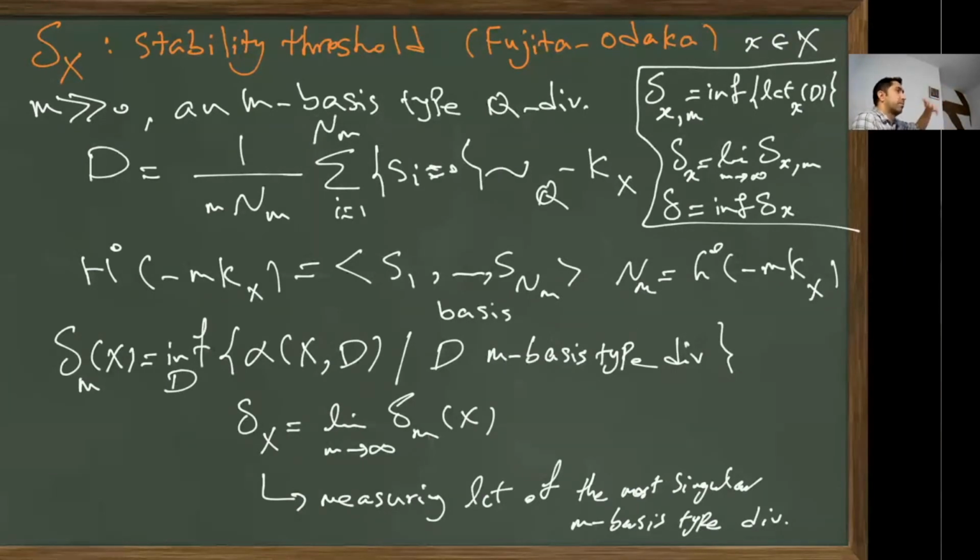So you take a big multiple of your minus K. You look at the divisors coming from the basis of this vector space. You take the average and you calculate the log canonical threshold. So you're looking at the most singular such things. And obviously, there are infinitely many of such things, so it's not an easy computation to do. So you almost never manage to complete it. You can estimate that. That's why things were difficult in the past.